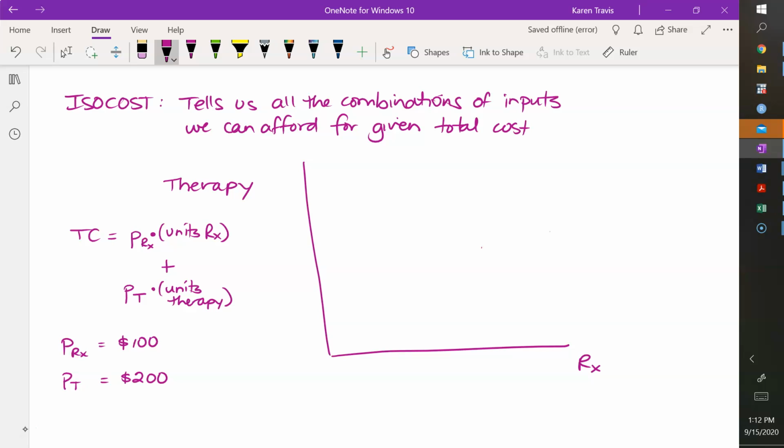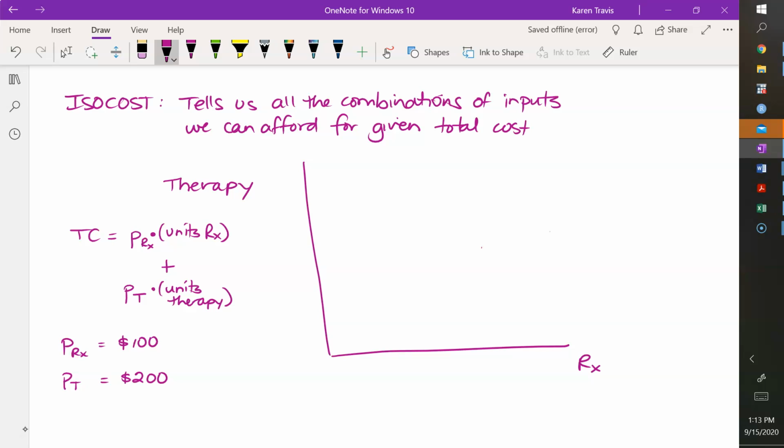So we're thinking not from the perspective of a patient going to buy these things, but from the perspective of the producer or the firm. So let's say this is a hospital and we're thinking about psychiatric care, and these are two of the inputs that they would be using in that portion of the hospital.